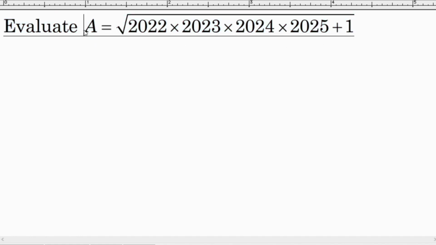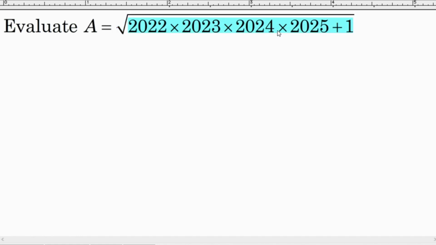Here we have a equal to this square root, right? So how can we simplify this square root? We have the square root of 2022 times 2023 times 2024 times 2025 and then plus 1. This number seems so huge, right?